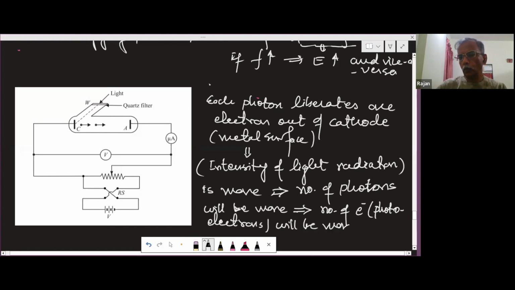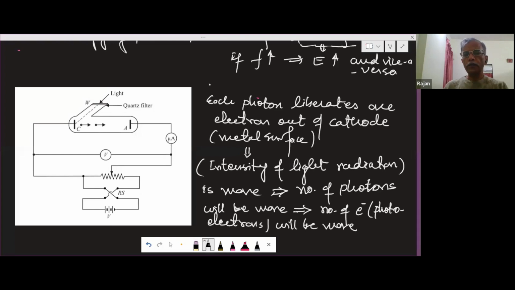Now, these photoelectrons, if I keep an anode at positive potential with respect to the cathode, are going to hit the anode. And so the circuit is completed, correct? So current is set up outside through the wire. The electrons are flowing, and inside this tube, from cathode to anode, we have the photoelectrons.